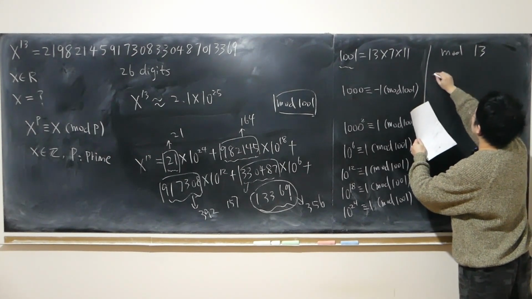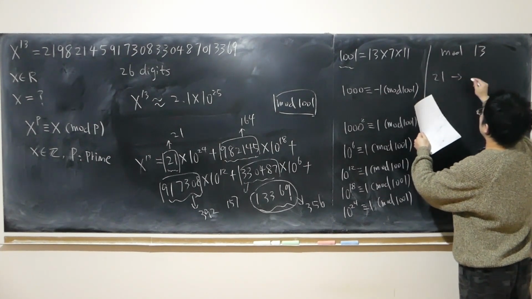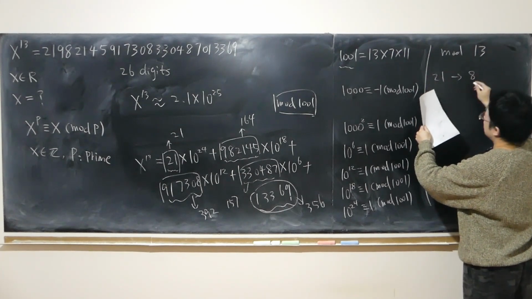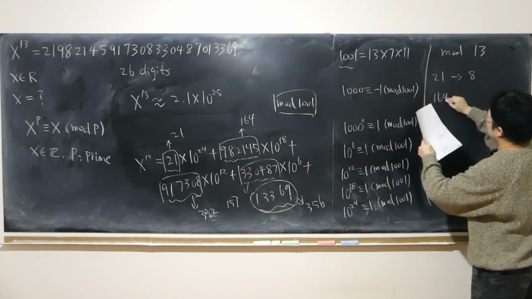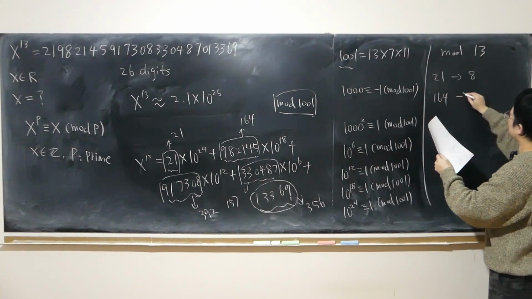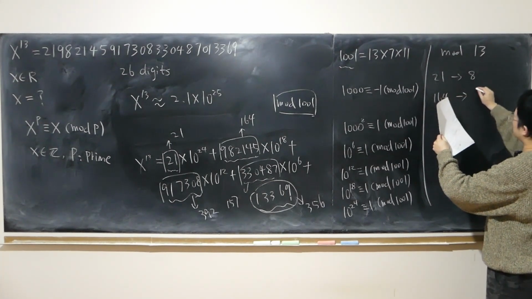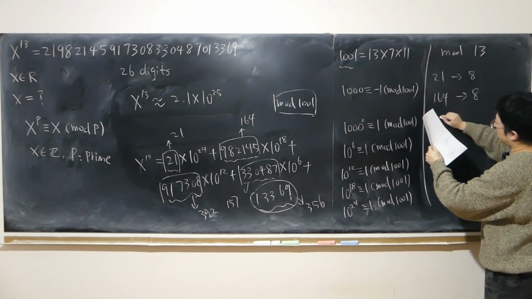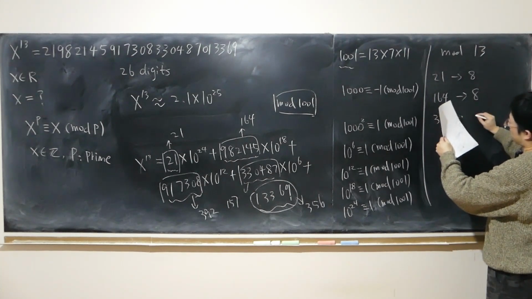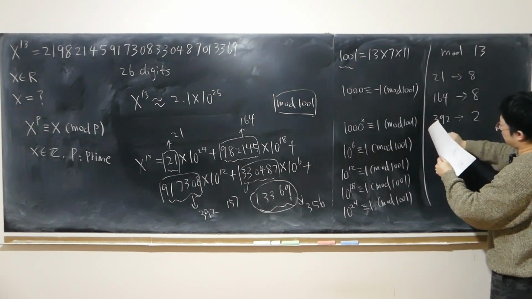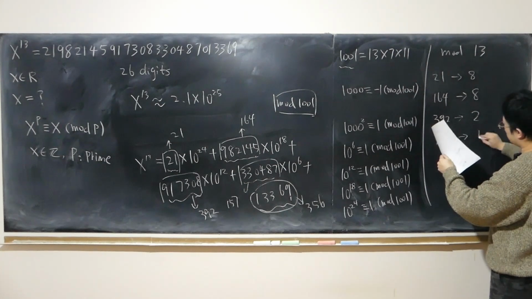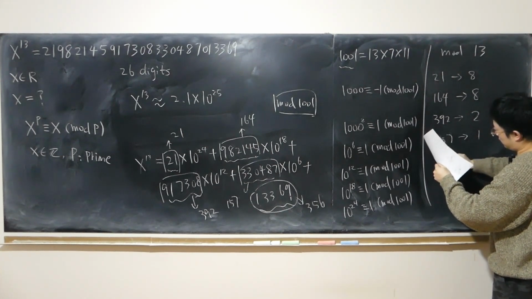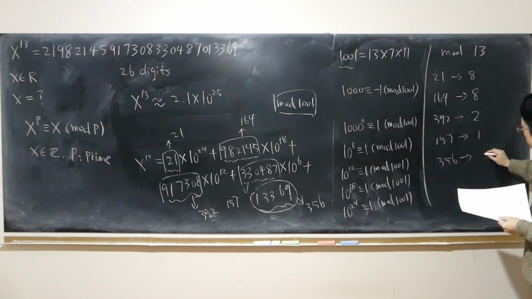So 21, remainder is just 8. 164, now remainder is 8. 392, remainder is just 2. 157, remainder is 1. 356, remainder is 5.